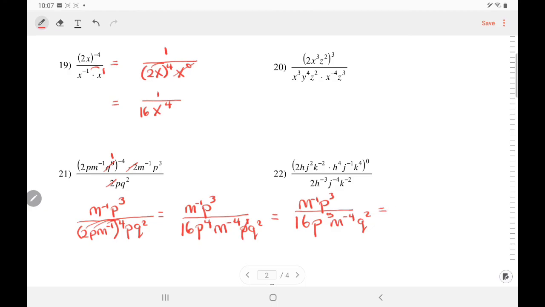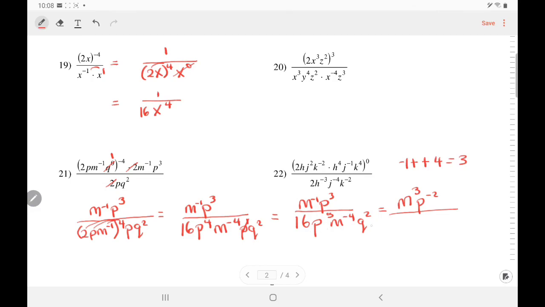So now let's combine the m's. So top exponent is negative 1 minus the bottom exponent negative 4. Minus a negative is to add. So negative 1 plus 4 is 3. Therefore, it's m to the third power. Let's combine the p's. 3 minus 5 is negative 2.